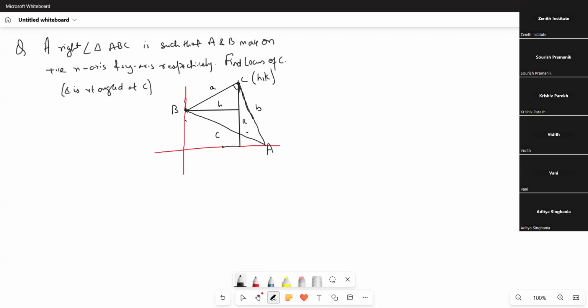So how do you find the value of h and k? Suppose this angle is theta. Then this will be B minus theta. So h will be a cos of B minus theta.